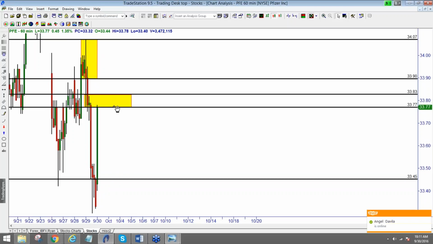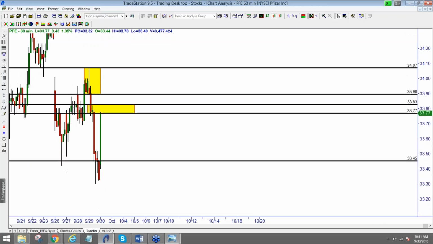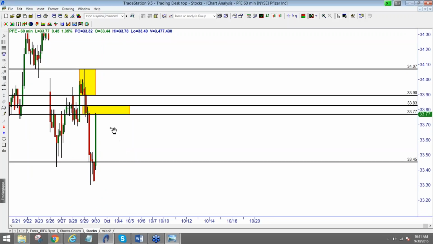This is really small. I mean, this is 6 cents. This isn't, you know, a dollar risk trade or anything like that. Even on 1,000 shares, it's only $60. The crazy thing is it didn't just plow right through. It's kind of holding.